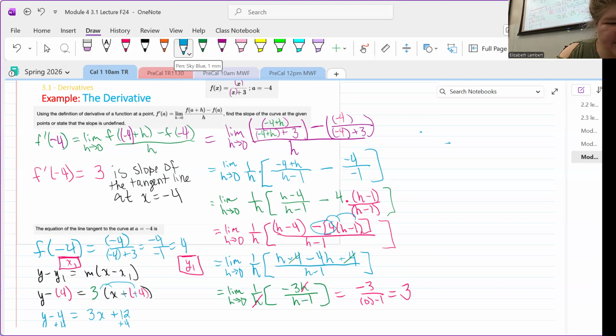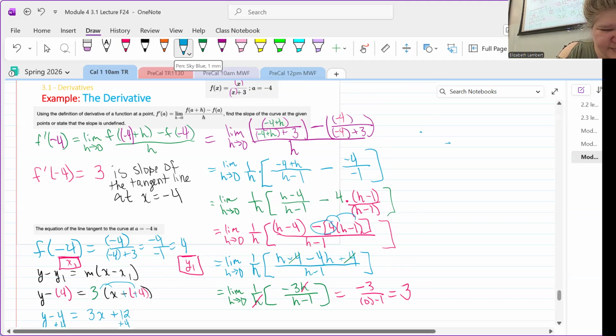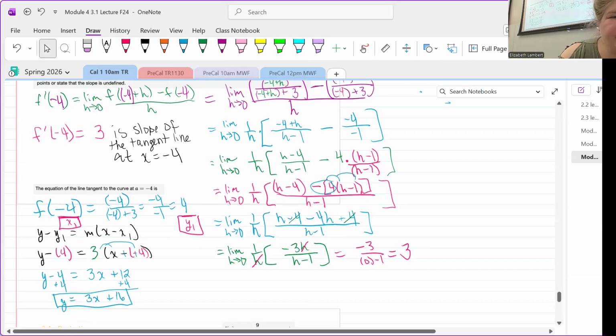Then the last part, equation of the line tangent to the curve. We had to remember y minus y1 equals m times x minus x1. We had our x1 of -4, but we hadn't actually calculated y1. So I went ahead and did that, plugged those two numbers in, and the number that we did all the work for, 3, and then just finished it.